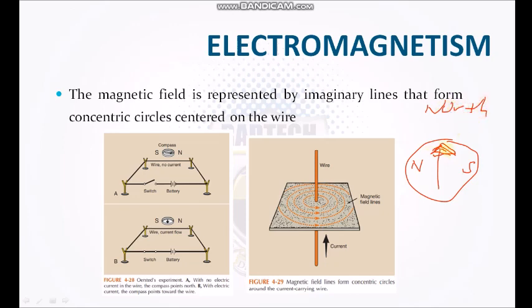Okay, so that means this part here is actually the south pole of a magnet. The south pole of the magnet is attracted to the north pole of the earth. And this is the north pole of the arrow. The north pole of the arrow is here because it is attracted to the south pole of the earth.